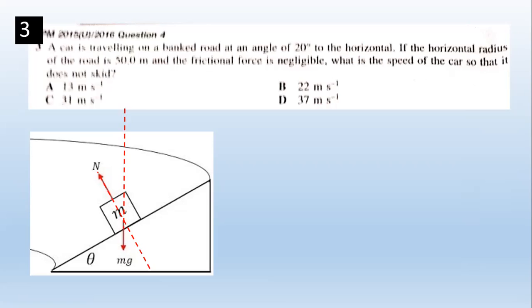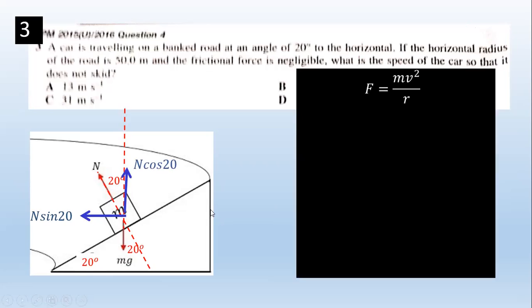Horizontal circle, remember? So to resolve it, that's 20 degrees, this is 20 degrees. You replace the normal reaction with the components, N sine 20 and N cos 20. That's your centripetal force formula.